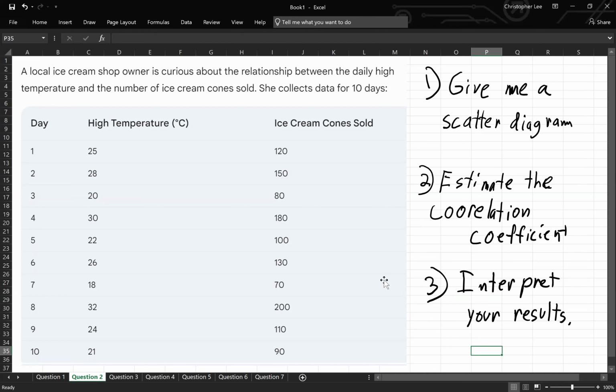So here's our 10 days. In one column, we have the temperature outside, and in the other column, we have the number of ice cream cones that are sold per day. What we want to do is create a scatter diagram. Then we want to estimate the correlation coefficient, and then I want you to interpret your results.